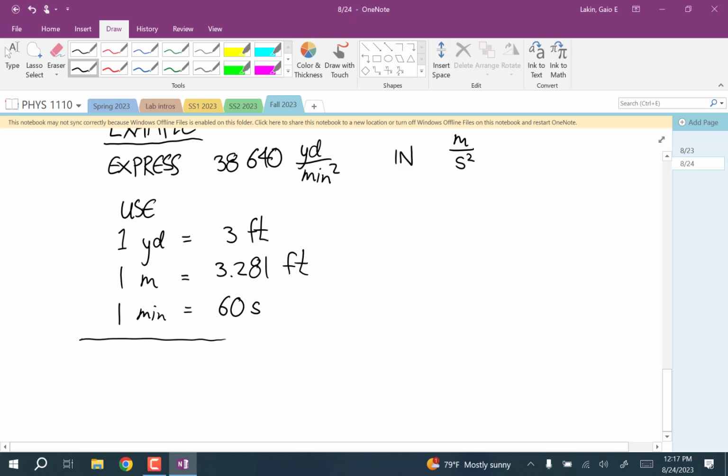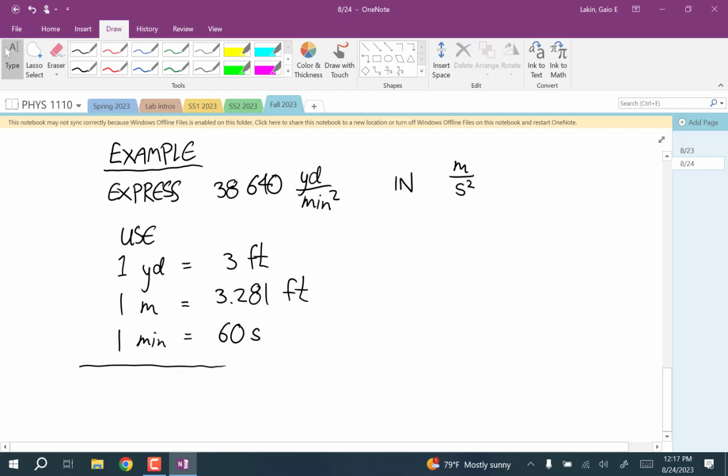Okay, so the way we're going to do this is we're going to multiply this original value of 38,640 yards divided by minutes squared by a conversion factor that goes from yards to feet.